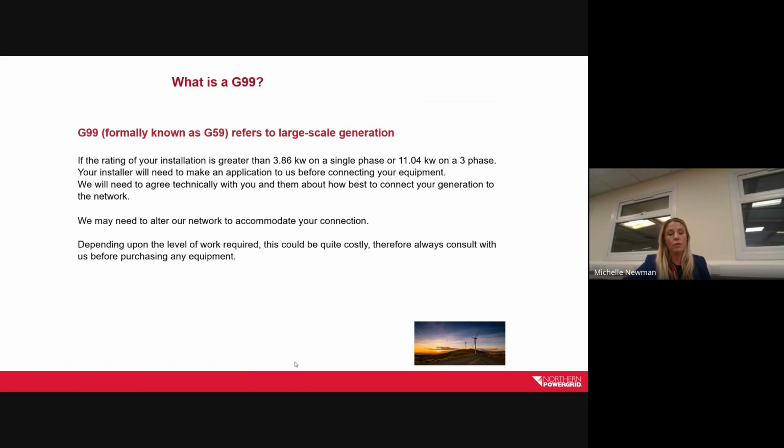Northern Powergrid need to agree technically with you and them about how best to connect your generation to the network. Because as previously discussed, we may need to alter the network prior to the connection. And also we recommend that this is done because the level of work that's required can be quite costly, and therefore we would always advise you have that conversation with us before purchasing any equipment.